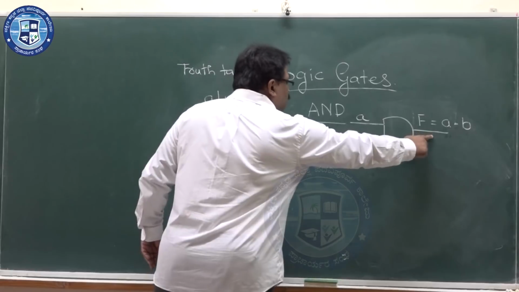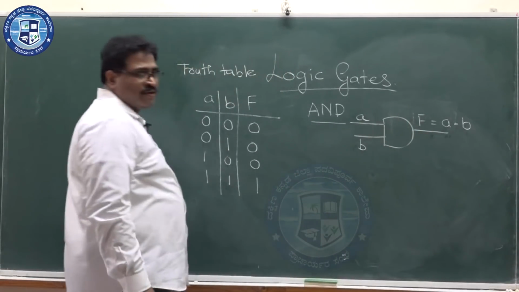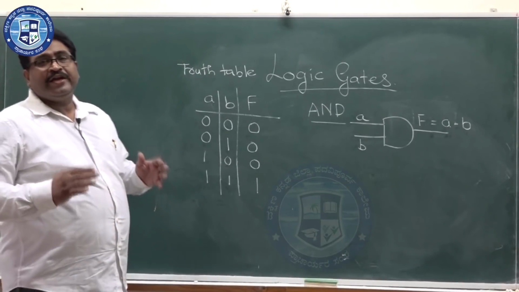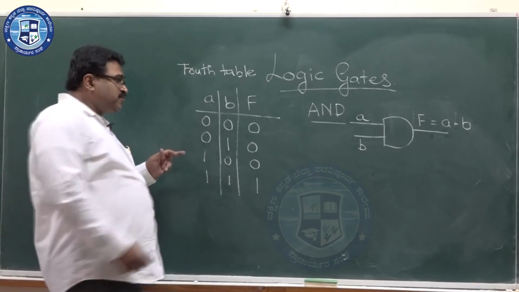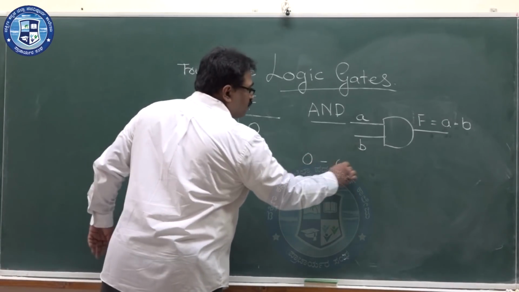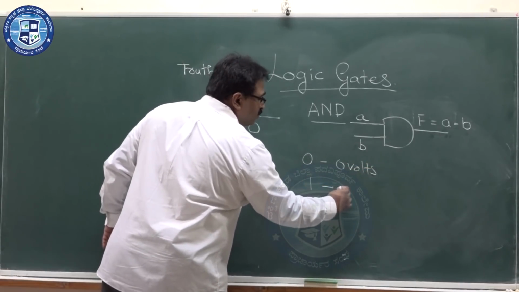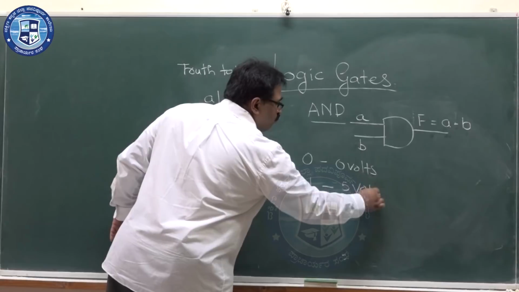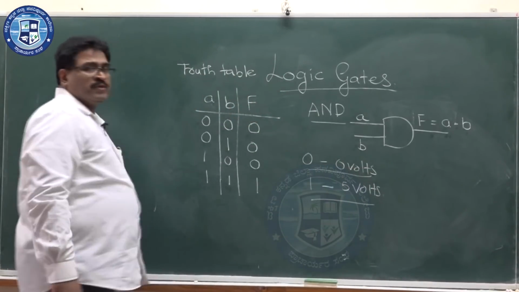So when I test it over here, it should be plus 5 volts. That is how the AND gate works. So 0 means 0 volts, and 1 indicates 5 volts. Is it fine?